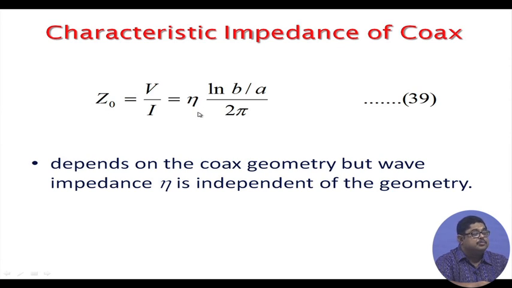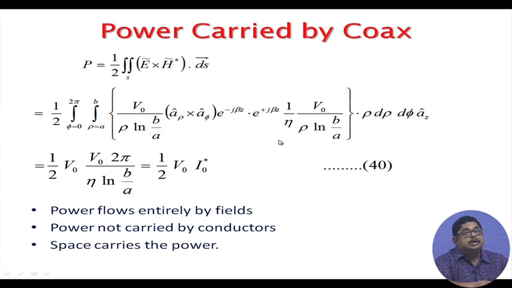So, the characteristic impedance of coax you can choose like this, or if the characteristic impedance is specified, you can immediately find out the value of this ln b by a for a given eta. So, this characteristic impedance depends on the coax geometry, unlike the wave impedance, but eta is independent of the geometry. Obviously, eta is the intrinsic impedance of free space, it does not depend on the geometry.